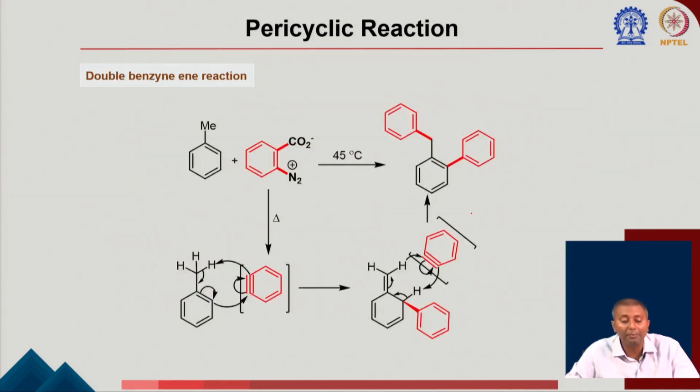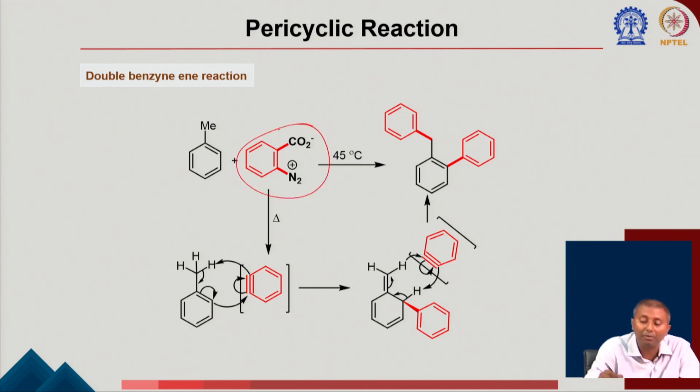So there is an example here, the double benzyne ene reaction happening. First there is a formation of benzyne from this corresponding diazonium carboxylate, starting from the anthranilic acid. Once the benzyne formation is happening, what is happening here? First thing is it can take the methyl proton here from the benzyne.